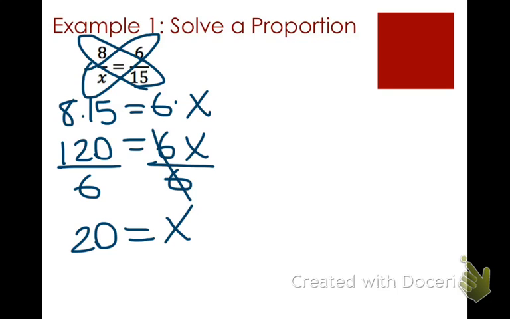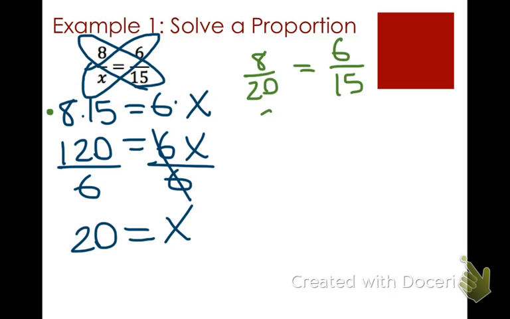And again, we can always check our work. There's two different ways you could do it. You could plug it into the original proportion and see if that works, or you could also plug it into this equation here to see if it works. So I'm going to do both. If I have 8 over 20 equal to 6 over 15, well, those are both fractions that can be reduced. 8 and 20, 4 goes into both of those.